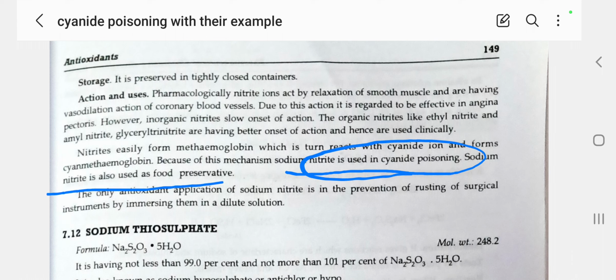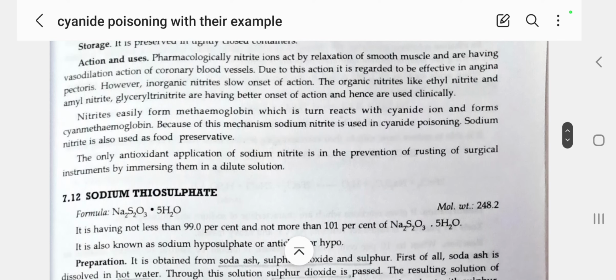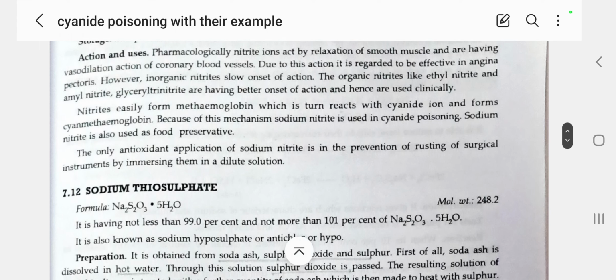Sodium nitrite is also used as a food preservative. Another application is in the prevention of rusting of surgical instruments by immersing them in a dilute solution.